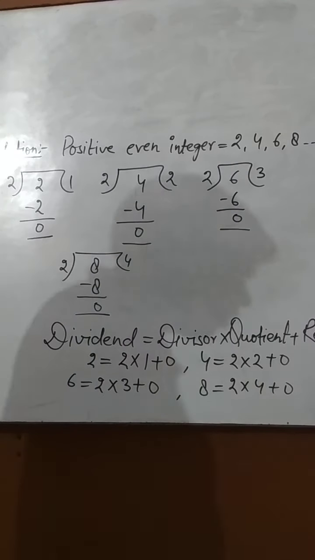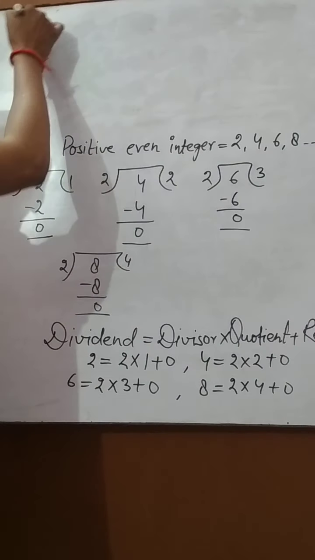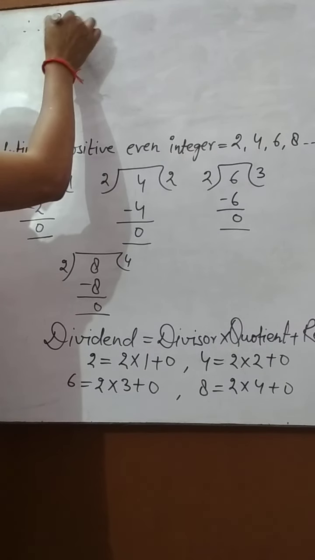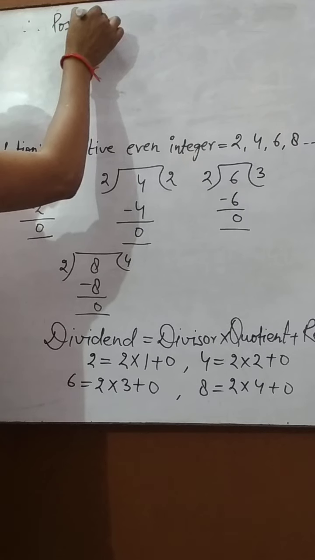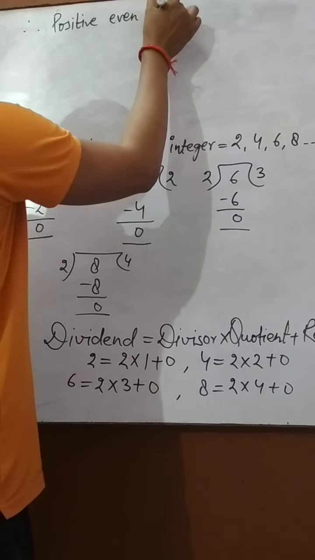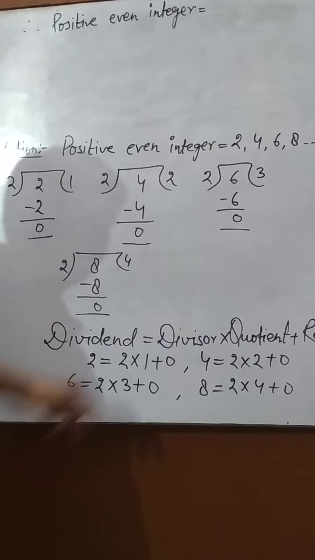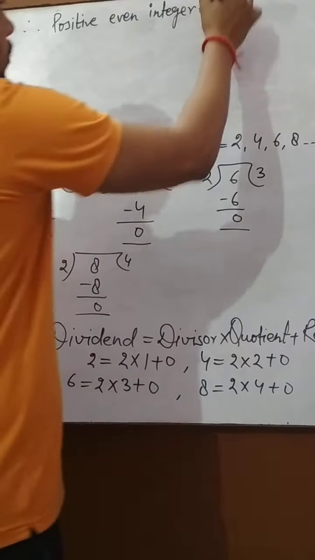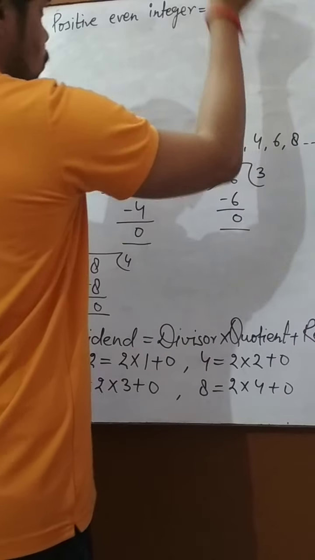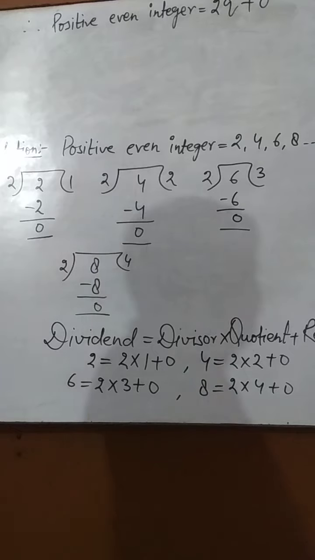So we can write positive even integer equal to 2q plus 0.